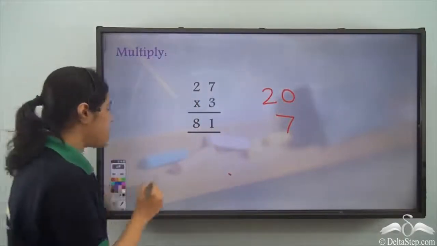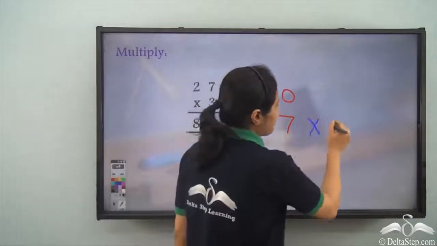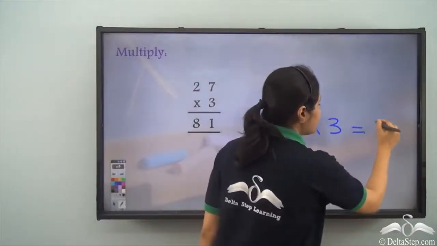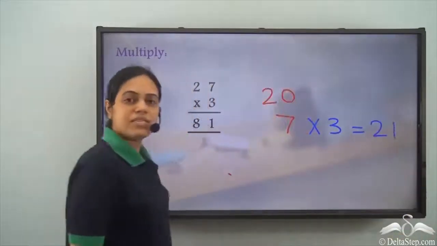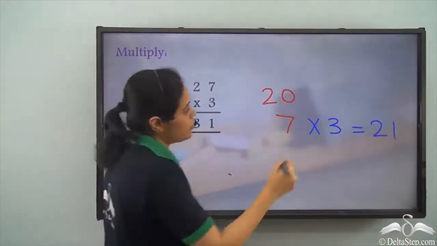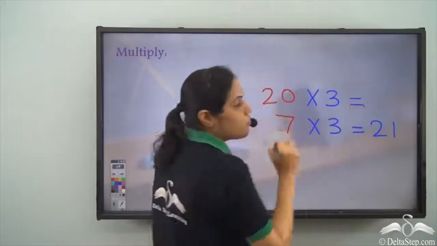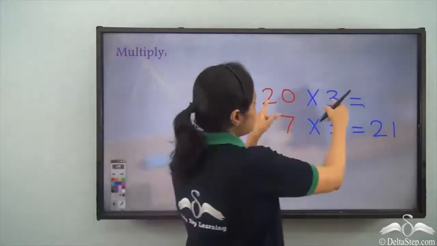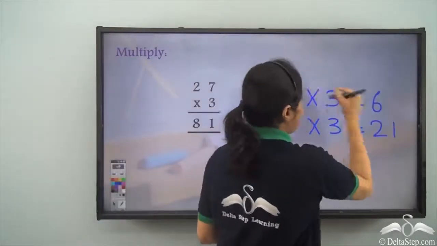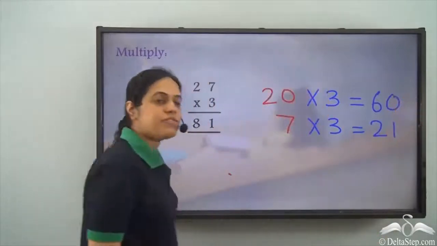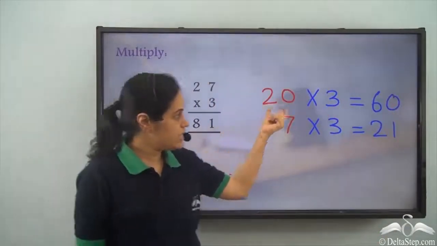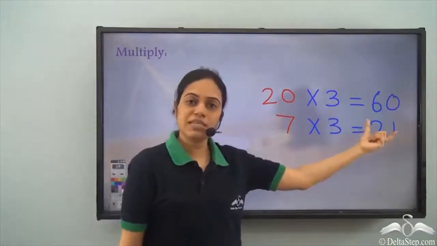So if I multiply 7 by 3, I get 21. 7 into 3 is 21. Also, if I multiply 20 by 3, what will I get? 3 into 2 is 6, and I have a 0. So I have a 0 here. 20 into 3 gives me 60.